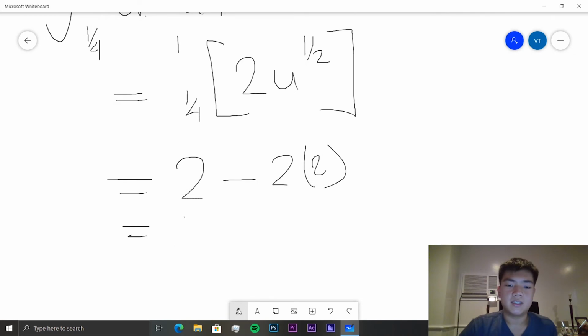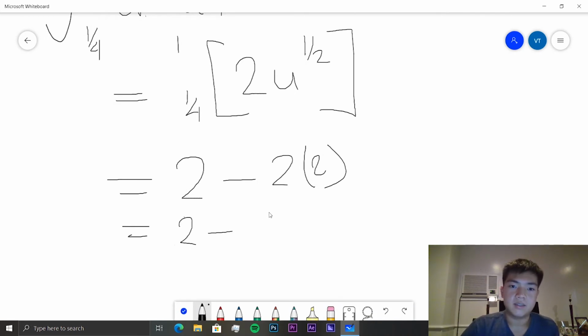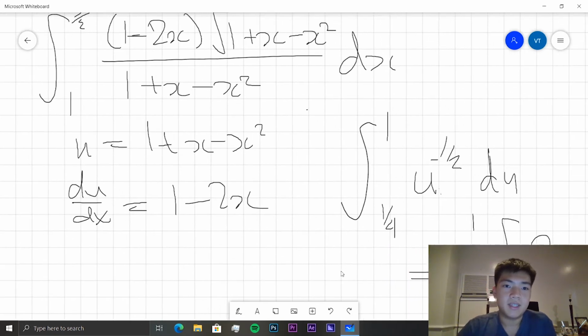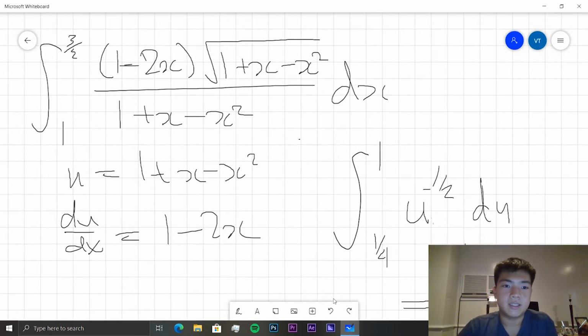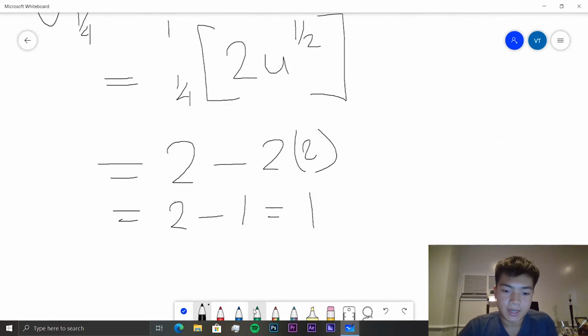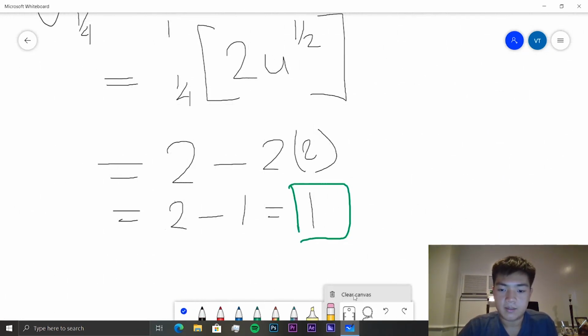Okay, so this should be 2 minus 1. Should be 1. The book says -1, which could be some minus sign miscalculation somewhere. But anyways, it is the same nevertheless.